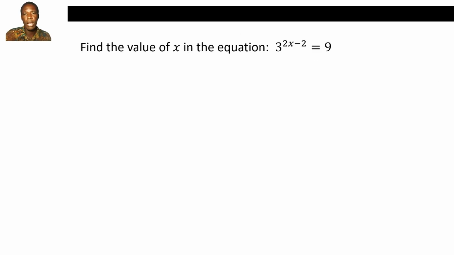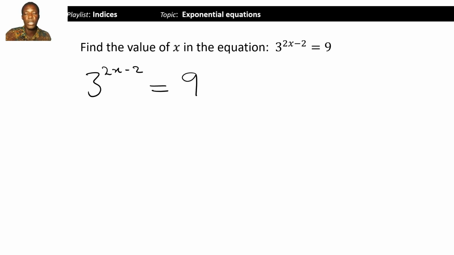Good. Now let's try this example. 3 to the power 2x minus 2, and then this expression is said to be equal to 9. So in the exponential expression on the left side, our base is 3. So can we write 9 to be base 3 to some exponent? Yes.